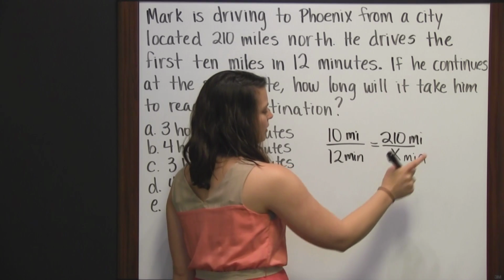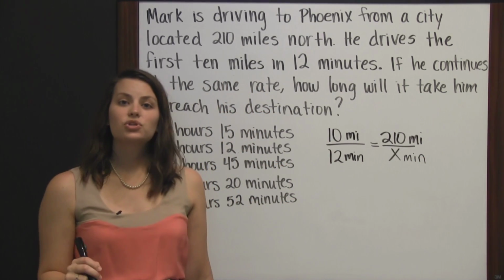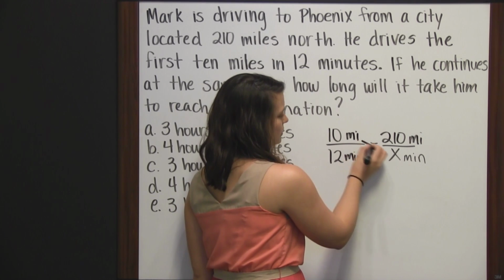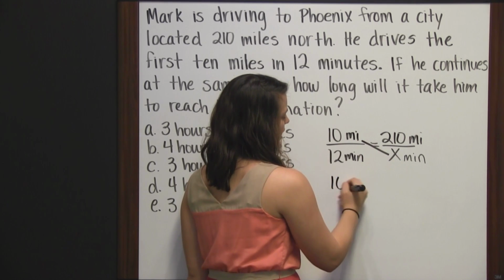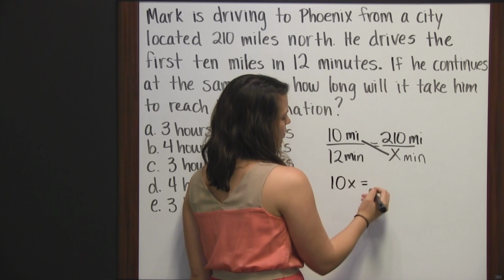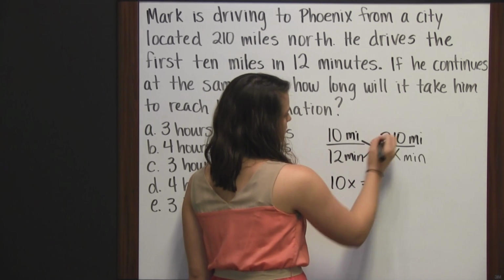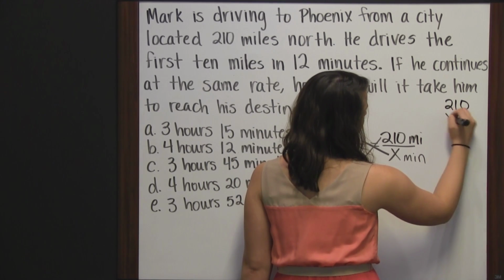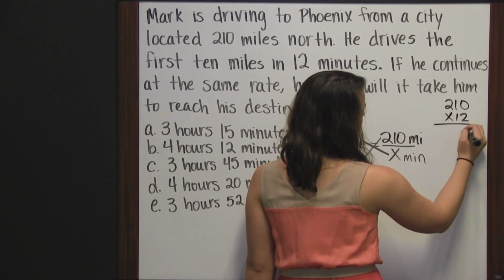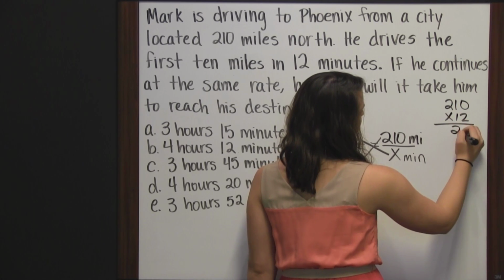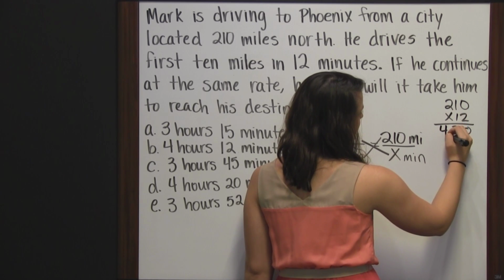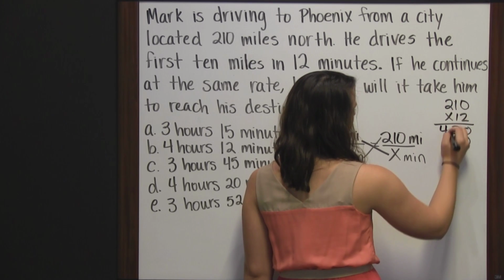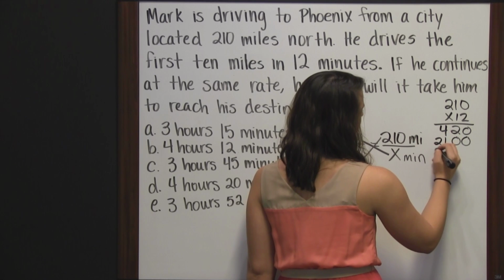Miles to minutes, miles to minutes. And to solve a proportion, we cross multiply. So 10 times x is 10x equals 12 times 210. So I'm going to multiply that right over here. 2 times 0 is 0. 2 times 1 is 2. 2 times 2 is 4. 0 placeholder. 1 times 0 is 0. 1 times 1 is 1. 1 times 2 is 2.